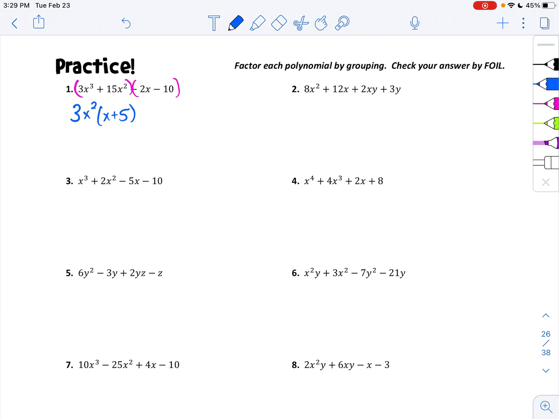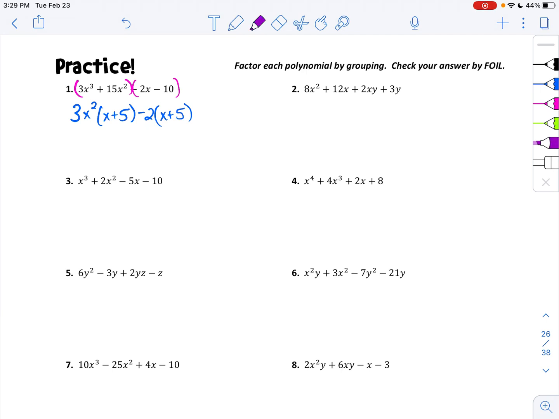Then I'm going to factor out the GCF of my second binomial, negative 2x minus 10. My GCF here is going to be negative 2. And when I factor that out, I'm left with x plus 5. Remember, when we factor it out, what we get in parentheses is the result of dividing each term by the GCF.